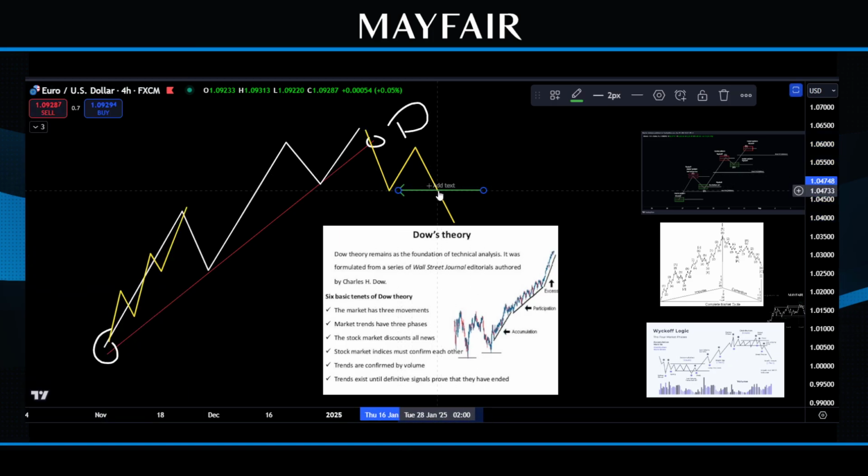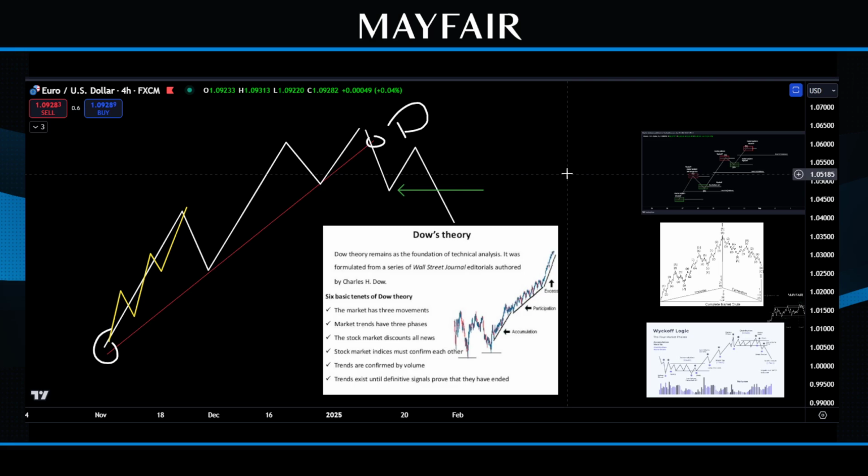So technically, not only is there a break of structure, the trend was up, but now we have a market structure shift to the downside. This breaks the structure here, so all of these things cross at this particular point. And this is basically saying the trend is the trend until the end. So this would obviously be the daily pattern, for example.